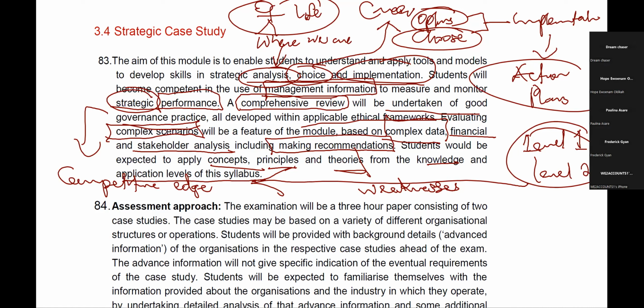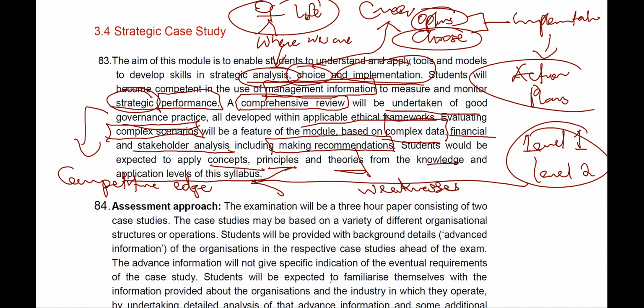So I've already given you a gist of the things you are supposed to know. Analysis, choice, implementation, management, information, strategic performance, governance, ethics, complex scenarios, financial, complex data, stakeholder analysis, making recommendations, application of principles, practices, concepts, theories. Okay, so even ICAN has considered students.